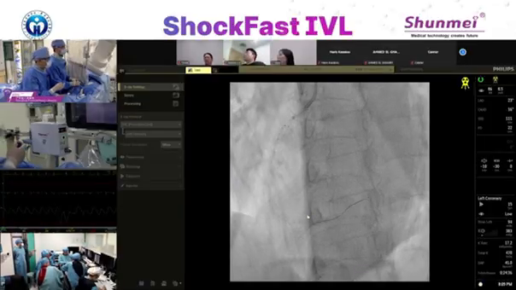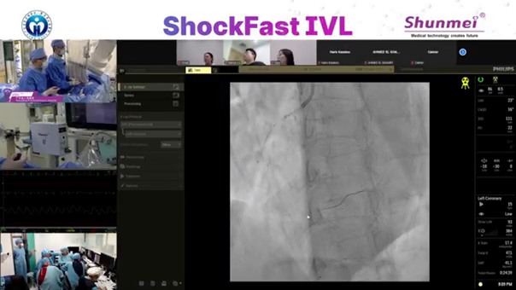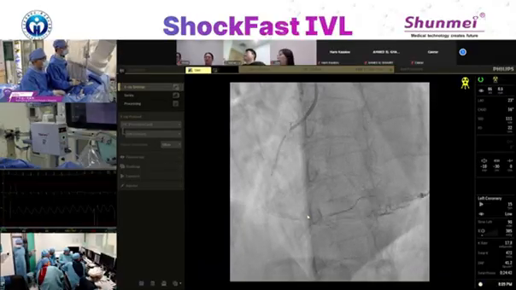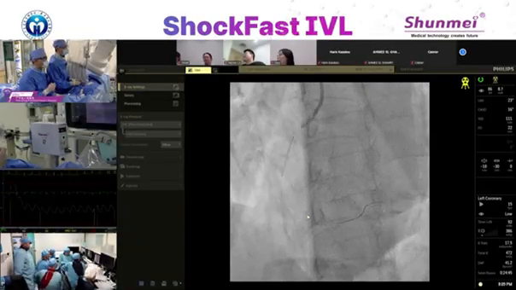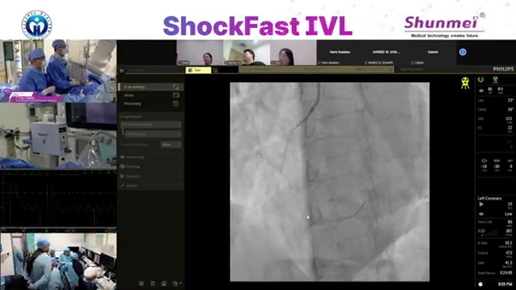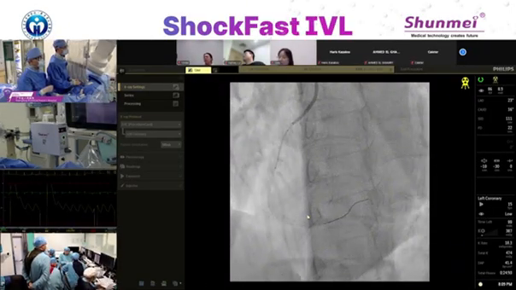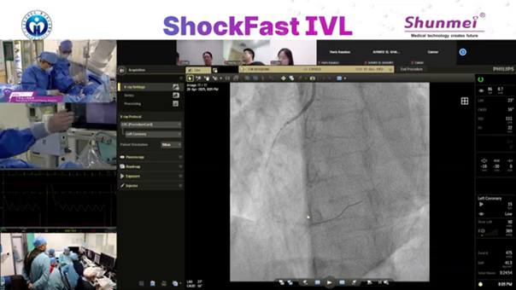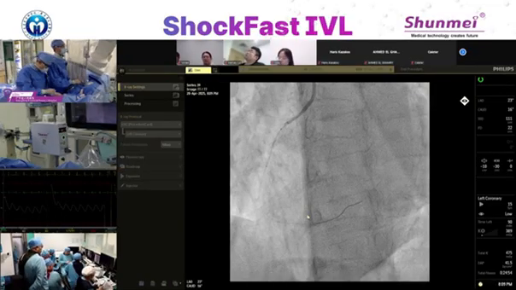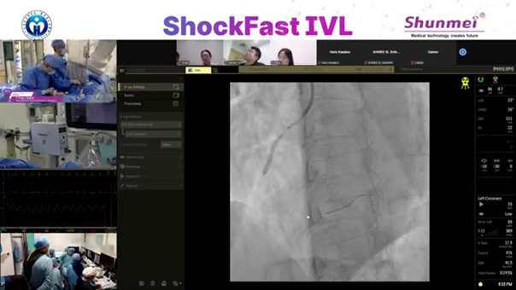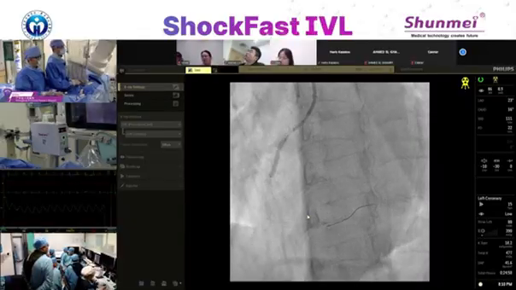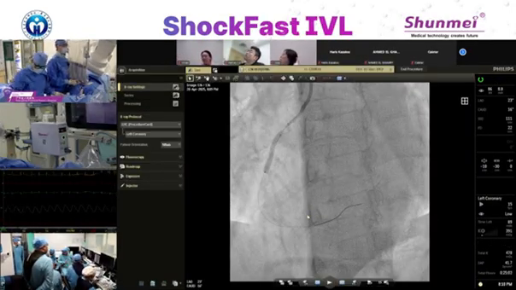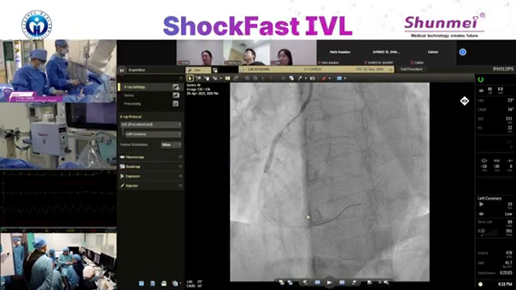Okay. Go with the heart beating. I succeeded. Contrast, pull very little. A little bit, a little bit. Okay, inflate. 10. 12. Oh, lower. Down. When I deploy the stent, the patient suffers some chest pain.